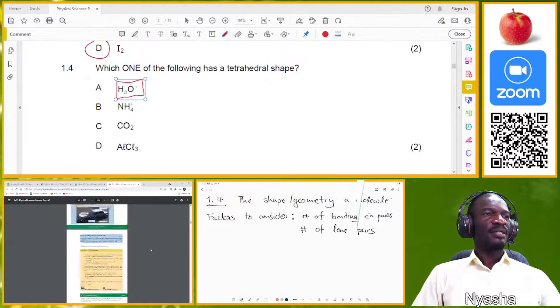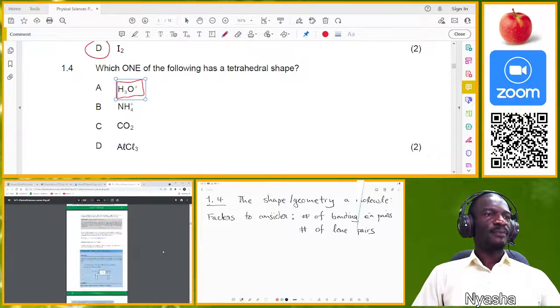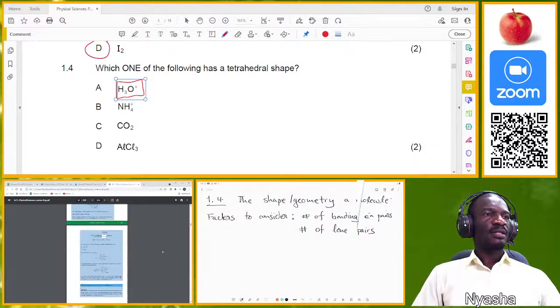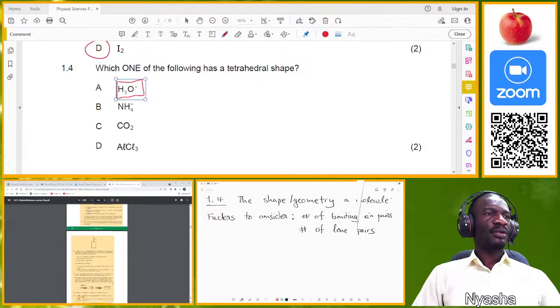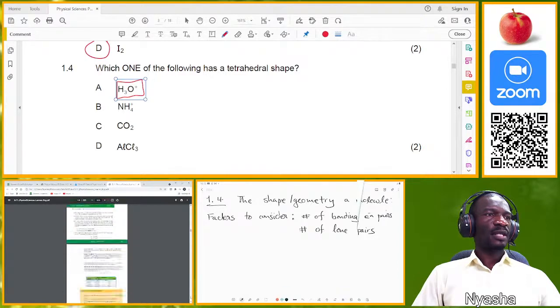Then we can easily determine the lone pairs. Let's see how we can find the geometry. Let's look for that chapter. While I'm doing that, I will wait for your responses.